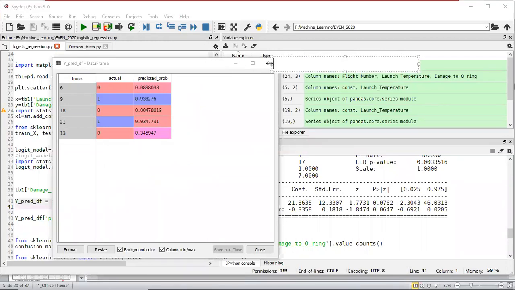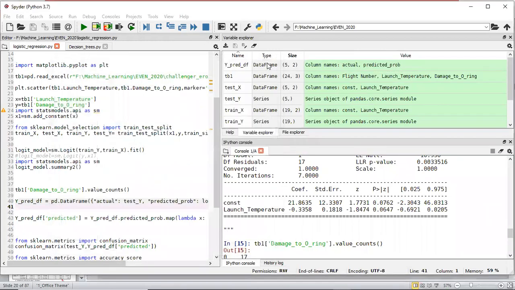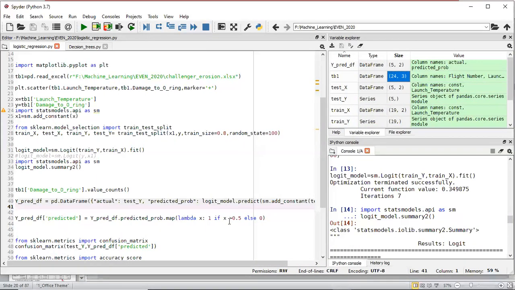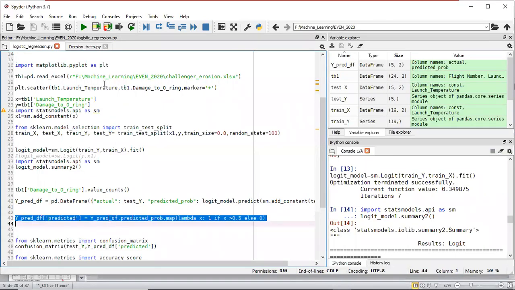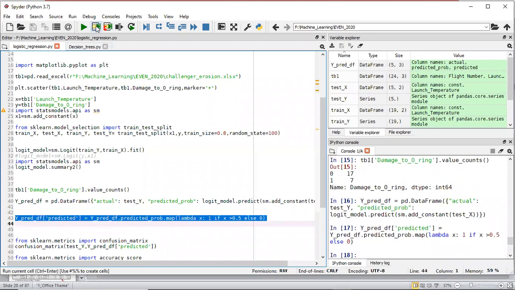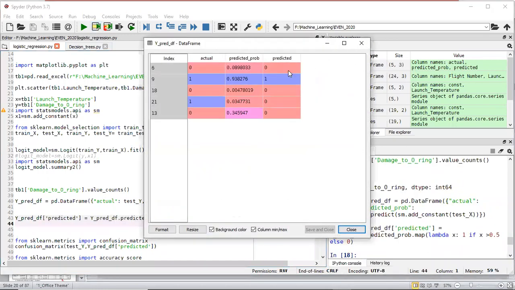We'll execute the next statement so we get to know. See here, this statement does that. If x is greater than 0.5, I'll make the output 1. If it is less than 0.5, I'll make the output 0. I'll run this one. See, now one more extra column is added.